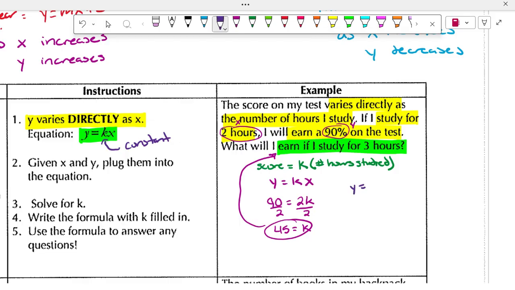My score is equal to 45x, where x is the number of hours I study. So if I study for 3 hours, y would equal 45 times 3. What's 45 times 3? 135. That teacher must have some serious extra credit.